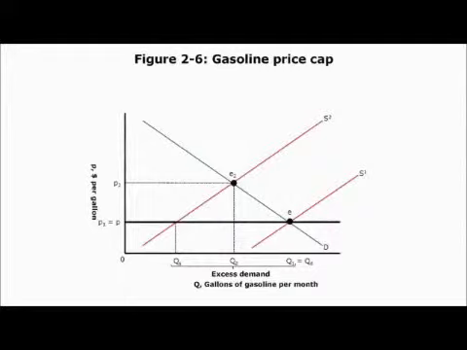Okay, if you're going to force us to keep the price at P1, we're only going to supply Q sub S, because we just can't supply at that low price. So what happens, you end up with excess demand. Consumers want Q sub D gallons. Producers are willing to produce only Q sub S. And you end up with disequilibrium.